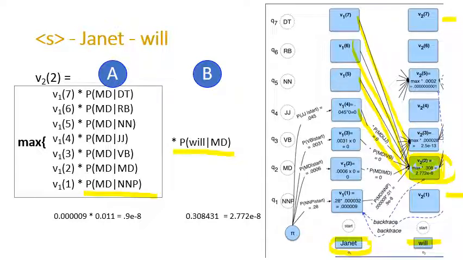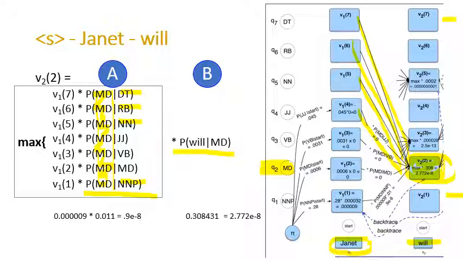In other words, we try to see what is the probability that the second tag is a modal. But we need to consider the transition from all the possible tags of the first word. So we need to consider if the first word's tag is DT, if it is RB, if it is NN, up to if it is NNP, proper noun.